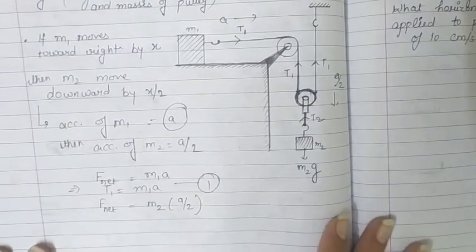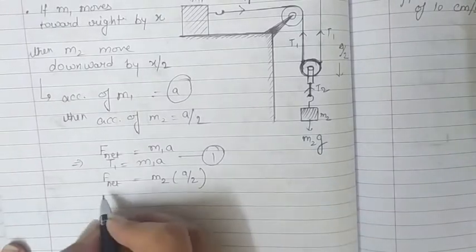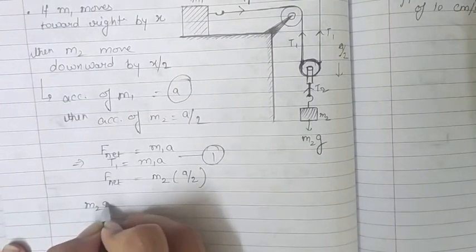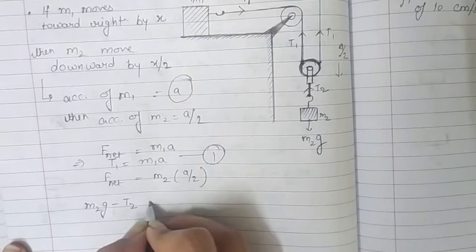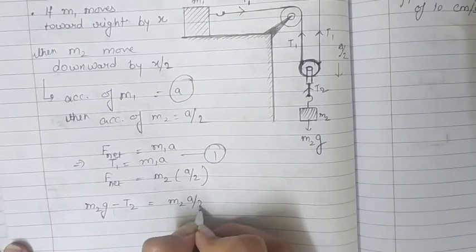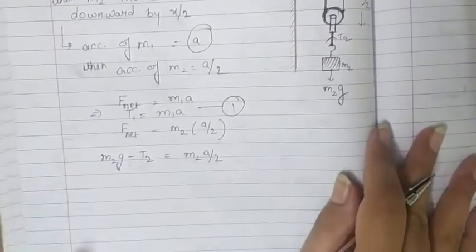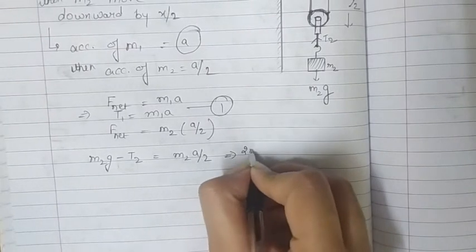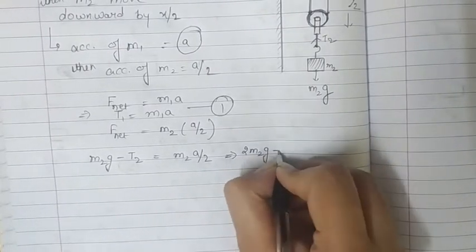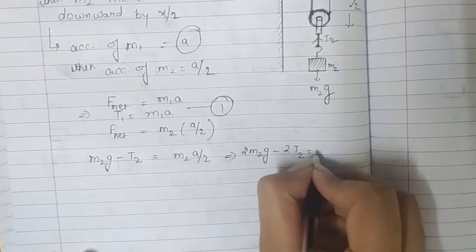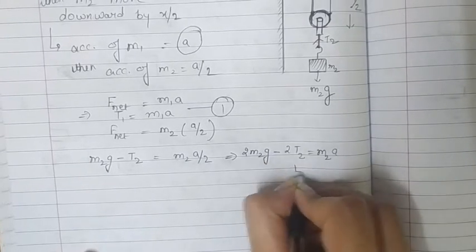So net force M2G minus T2 is equal to M2A by 2, and on solving this we can get 2M2G minus 2T2 is equal to M2A. This is equation number 2.